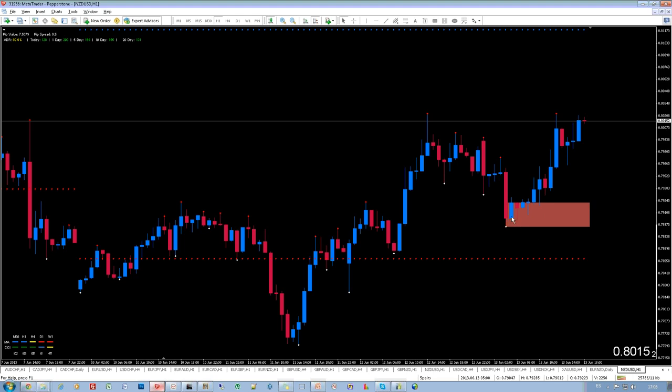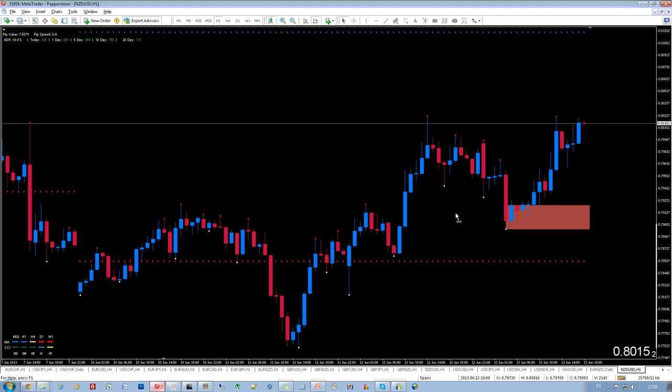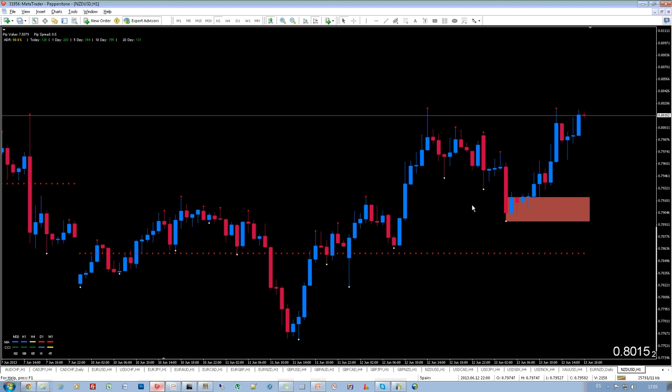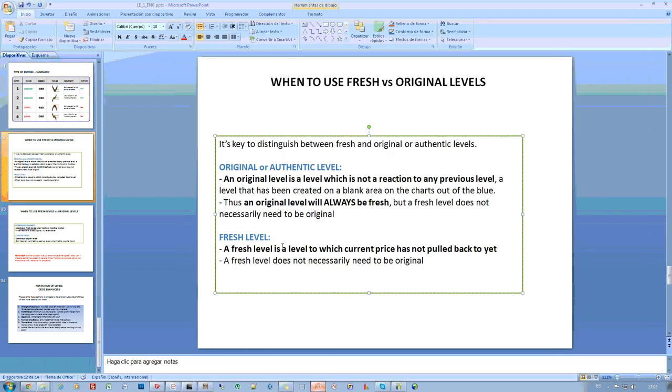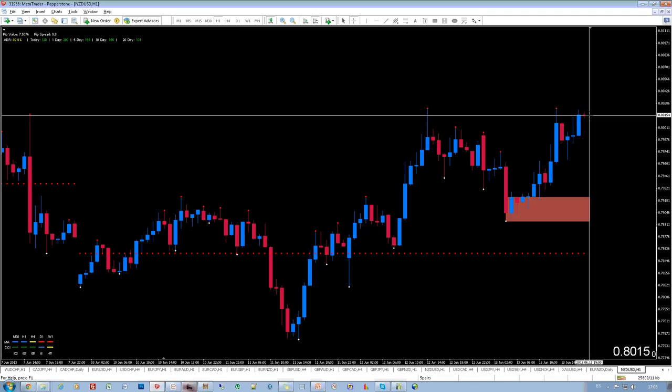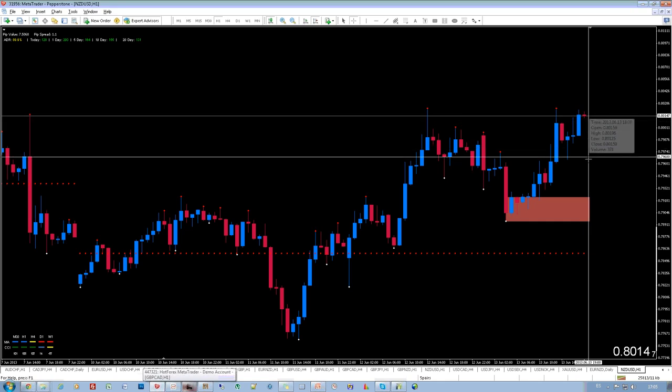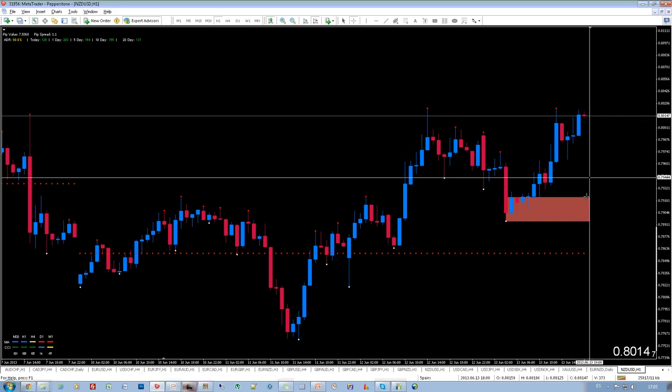So, how do I know if this level, let's ask two questions here. Let's talk about original and fresh level. Is this level fresh? The definition of a fresh level is, a level to which current price has not pulled back yet. So, current price is here. You look down, and then you stop here.